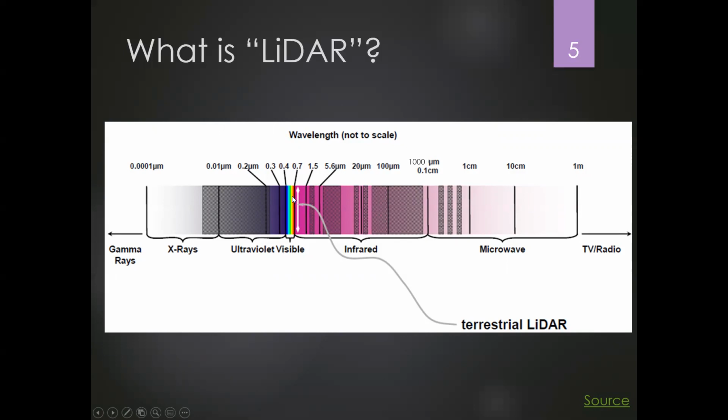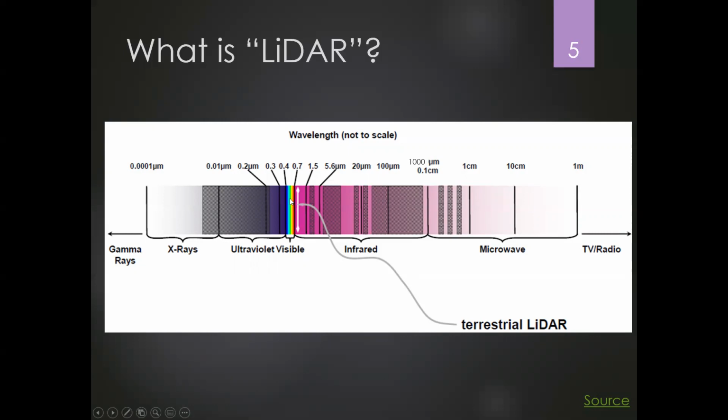So the EMR used by LiDAR is somewhere here. And for a specific type of LiDAR called terrestrial LiDAR, which is very high accuracy LiDAR, it is using near infrared EMR, somewhere here.